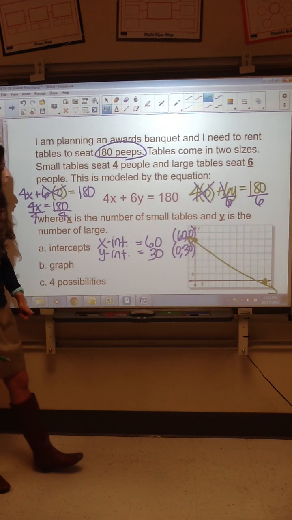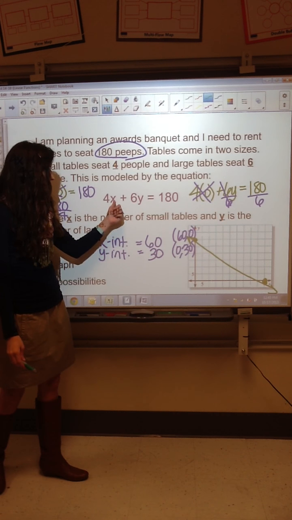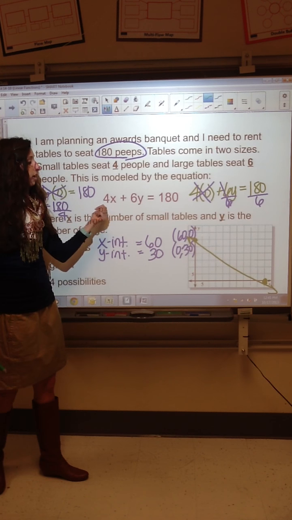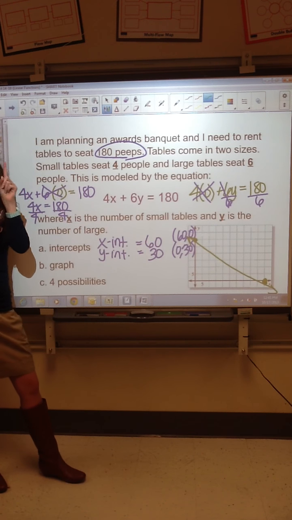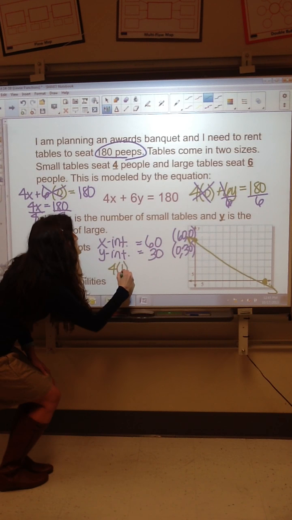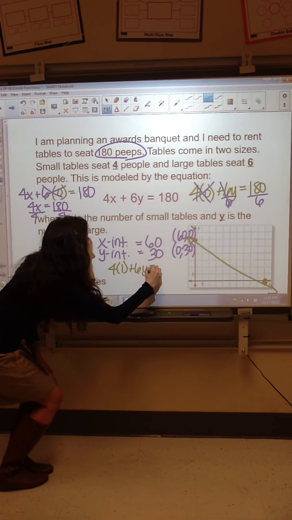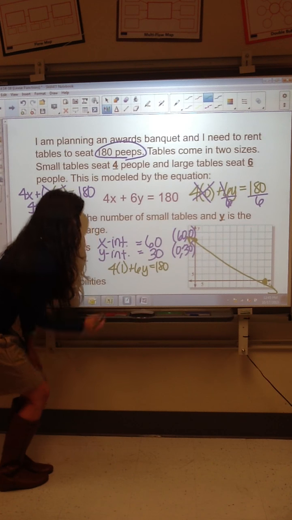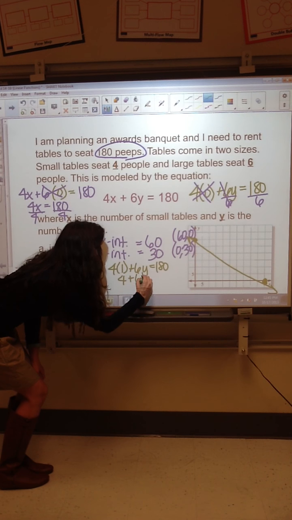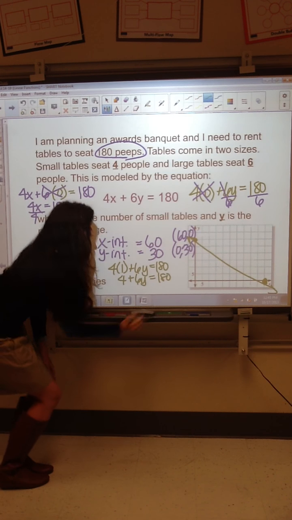Okay, then it asks, what are 4 possibilities? That means whatever you pick for x, you're going to plug it in and solve for y. So what if I said, maybe we can have just one small table, all right? So 4 times 1 plus 6y equals 180. 4 times 1 is just 4, plus 6y equals 180.